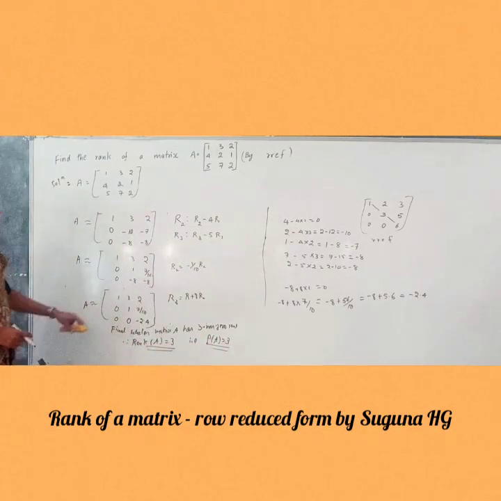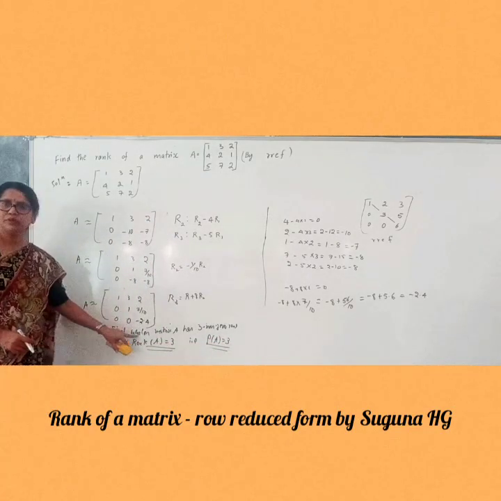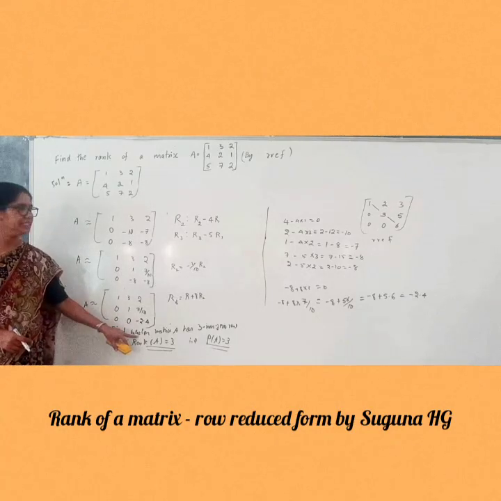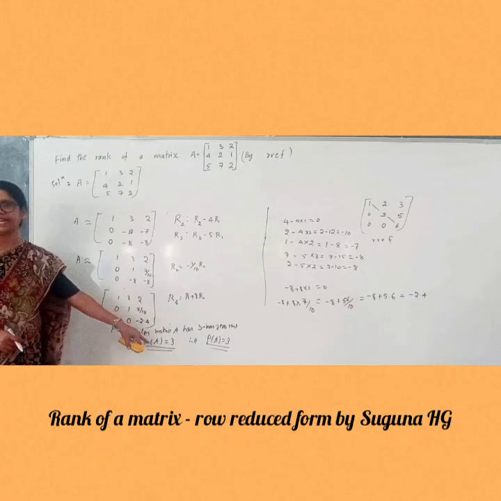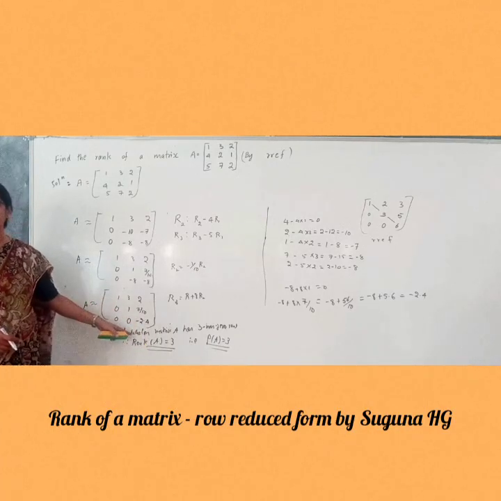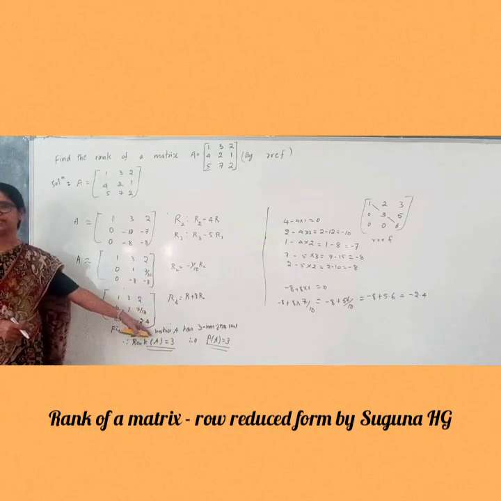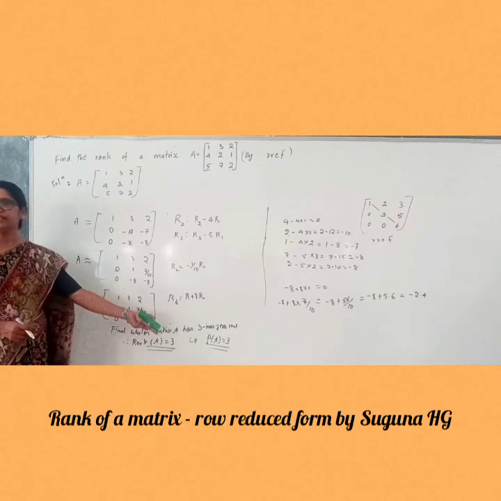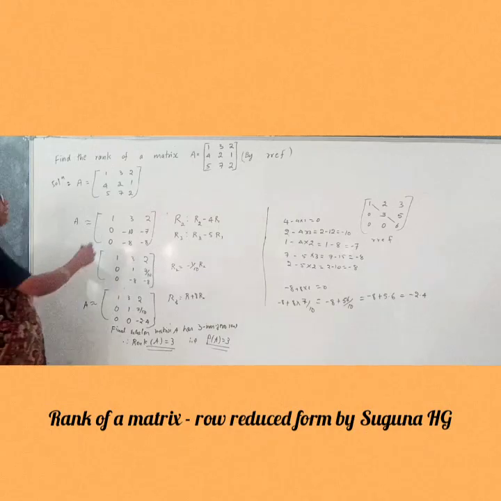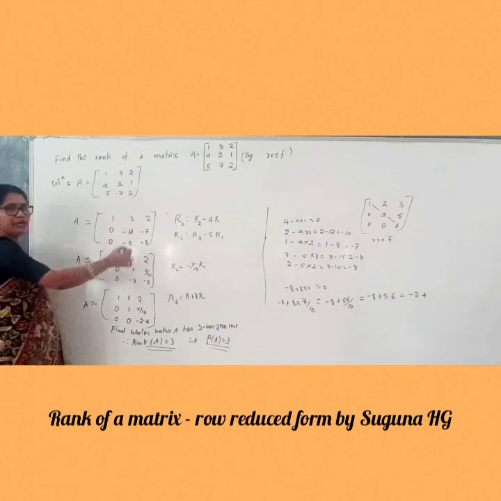See, like this, depending on how many non-zero rows there are in the final matrix, we find out the rank. If it has 3 non-zero rows, the rank of the matrix is 3. If it has 2 non-zero rows, the rank of the matrix is 2. Like this, we find the rank of the matrix by reducing to row-reduced form.